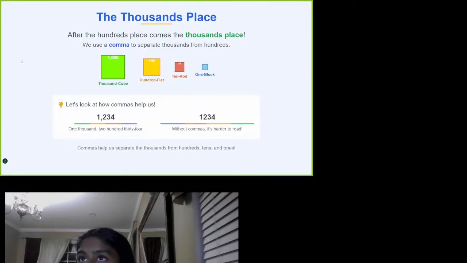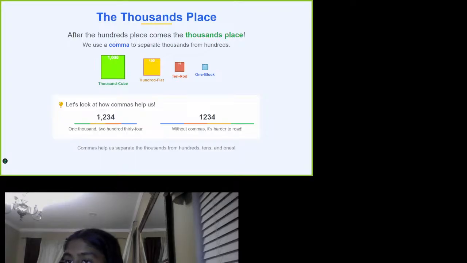Okay, so the thousands place is after the hundreds place, and we use a comma to separate the thousands from the hundreds. So here is a thousands cube, a hundreds flat, a tens rod, and a one block. Commas help us by separating the numbers so that the hundreds aren't confused with the thousands.